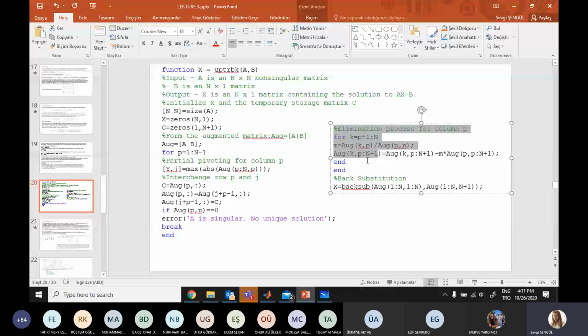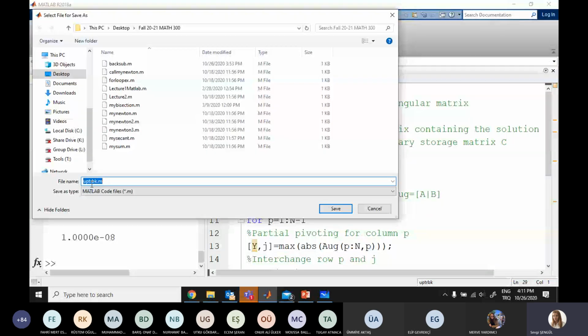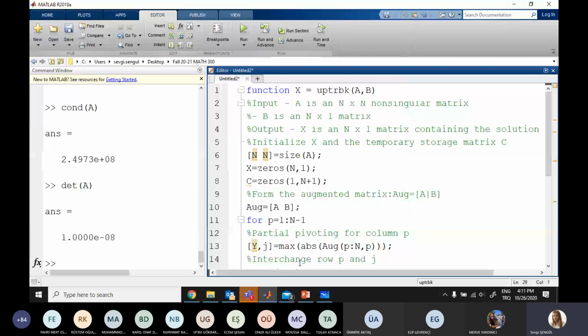Okay. As I told you, what I want from you is to make sure that you know how to work with them. And you cannot run it until you save it. I will save this one as Mat 300 upper triangular. Okay, OK.